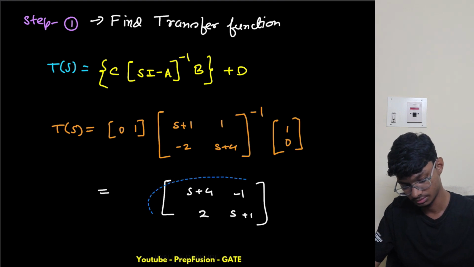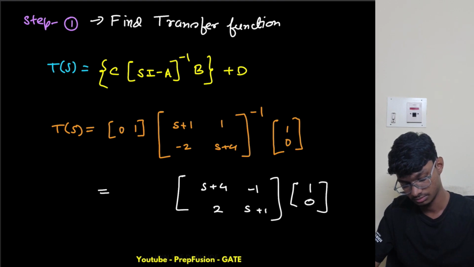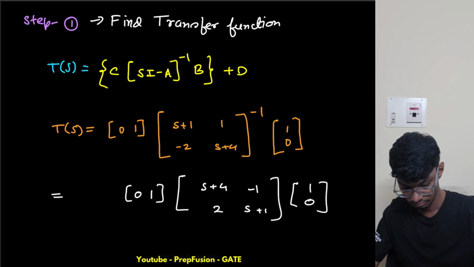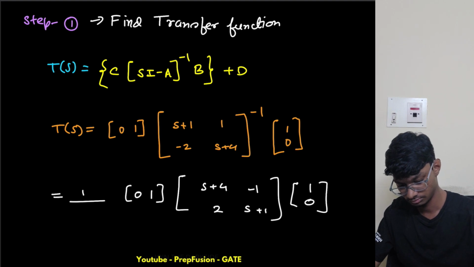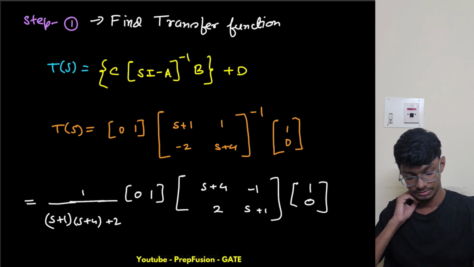Let me write this here. This is 1 comma 0. So yeah, this is my transformation.